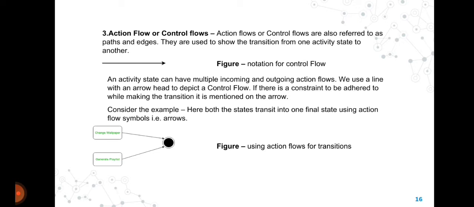We use a line with an arrowhead to depict the control flow. If there is a constraint to be adhered to while making the transition, it is mentioned on the arrow. Consider the example. Here both the states transit into one final state using the action flow symbol, that is the arrow.